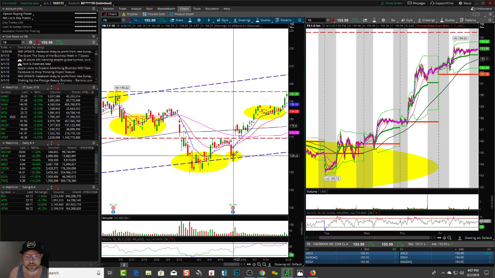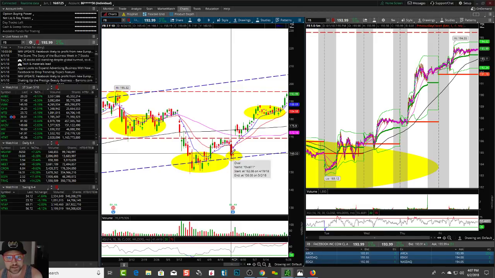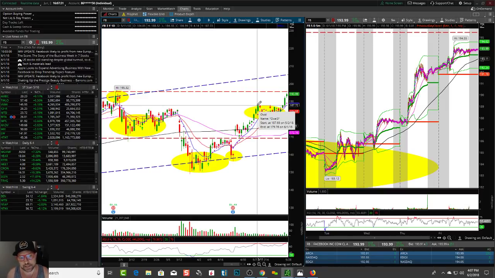If you bought down here at 160, you don't know, is Facebook going to go up forever or is it going to pull back? Maybe it comes back down to here again. So for instance, right here, if you bought at 160 and now you're up at 187 or 188, you're up 27 bucks a share.